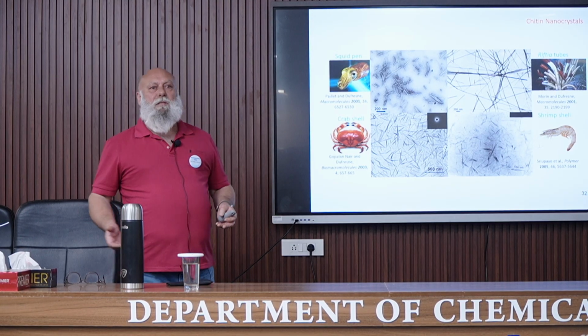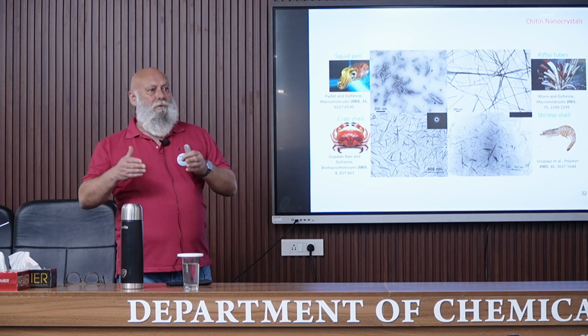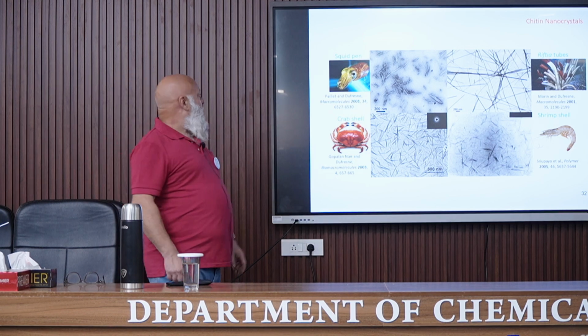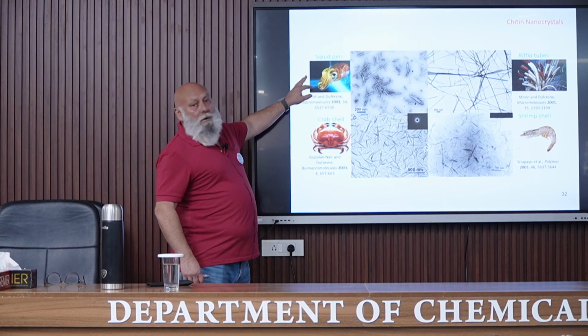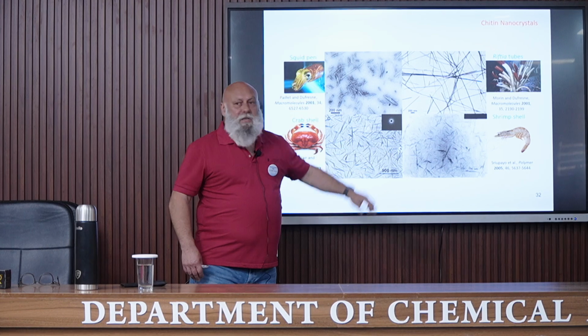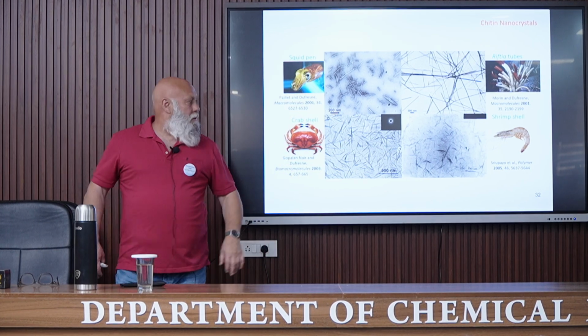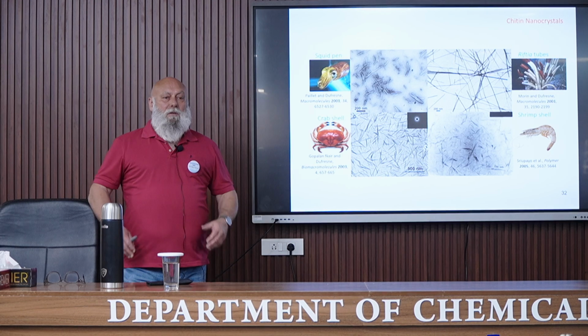It's an acid hydrolysis treatment that selectively dissolves the amorphous domains from chitin. You have some examples here of nanocrystals obtained from squid pen, crab shell, shrimp shell. In this case, the dimensions are very similar to what is obtained for cellulose in the case of wood.